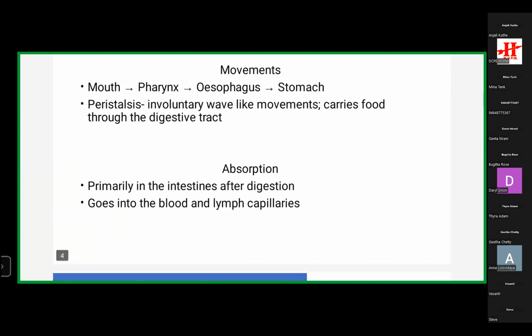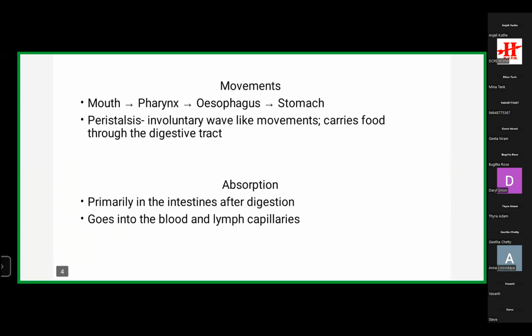Now, what are peristaltic movements? These are the movements which occur due to contraction and relaxation in a wave-like manner, known as peristaltic movements. With the help of these movements, food is carried from the mouth towards the esophagus, towards the stomach, and further.